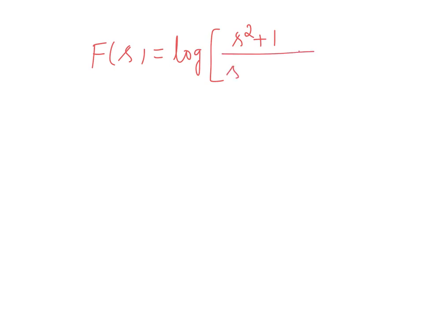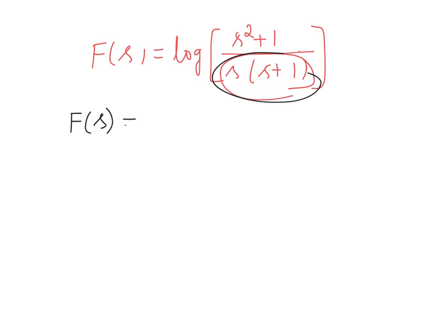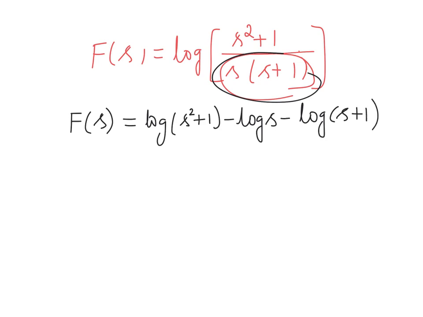So the problem is to find the inverse Laplace transform of log of s square plus 1 divided by s into s plus 1. The given function can be written as f of s is log of s square plus 1 minus log s minus log of s plus 1.